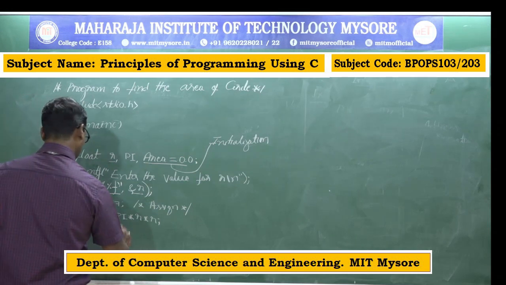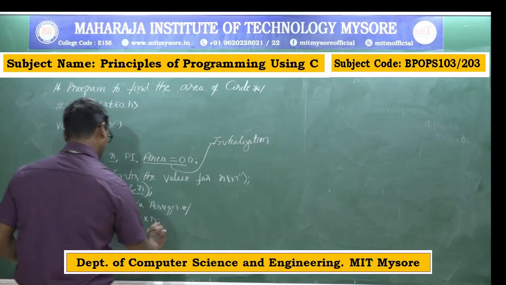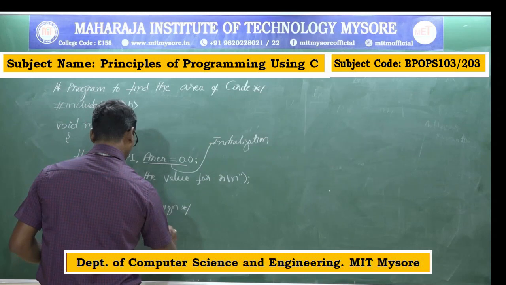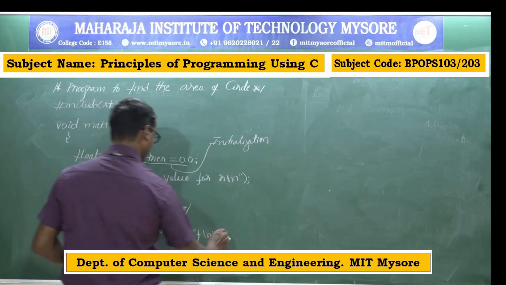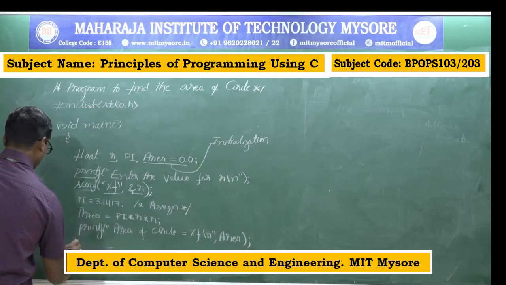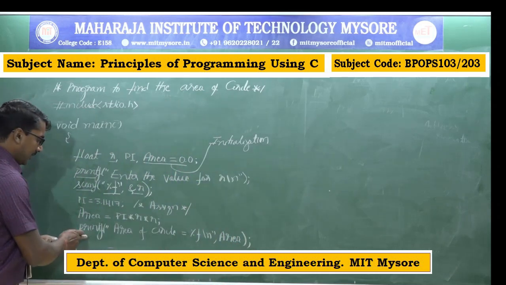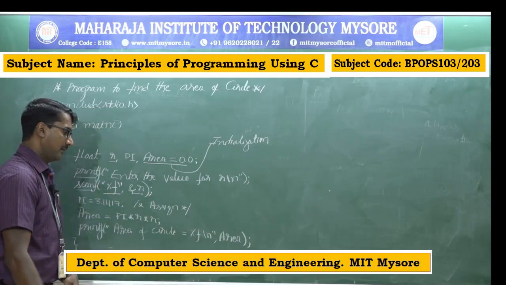Next is printf "area of circle is equal to %f".